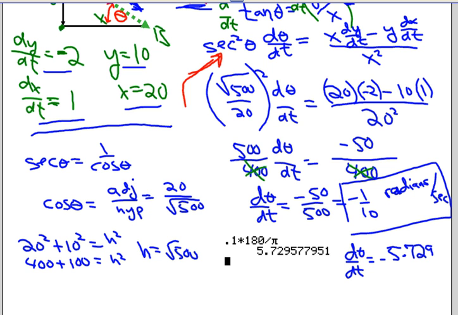You don't have to round in the AP. You could round. Or if you said negative 5.730, that would also be okay. And those units are degrees per second. So degrees per second. And that completes problem number 34.